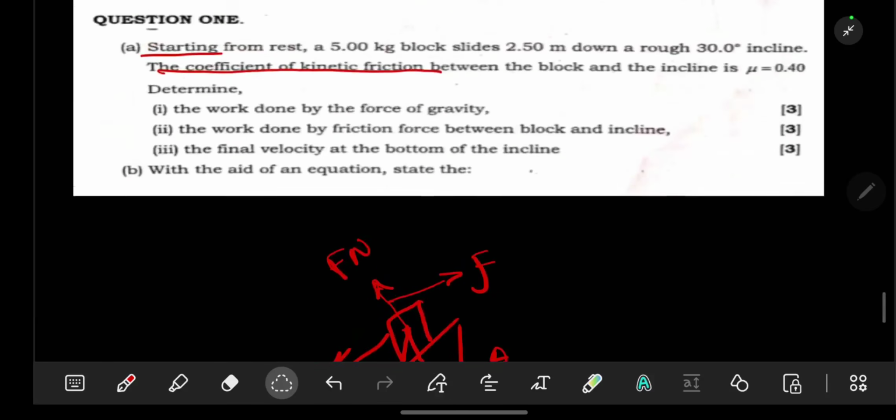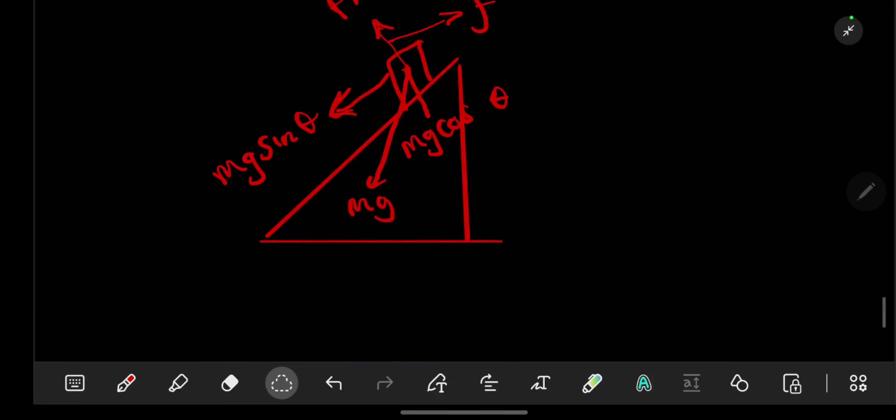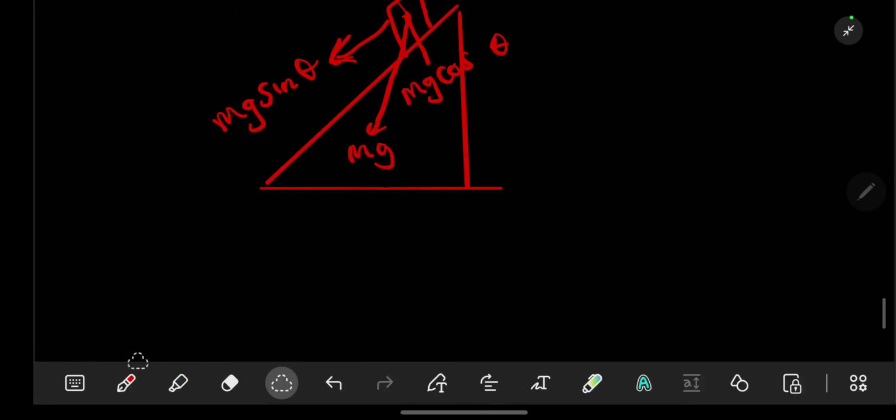So the work done by gravity, remember, should be equal to the force times the distance.